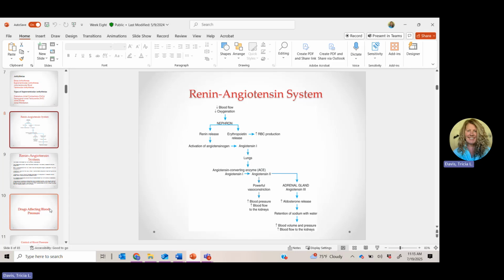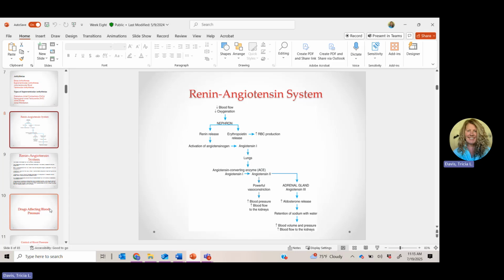Now, two things will happen with angiotensin 2. The first thing is that we are going to see vasoconstriction occur inside the body, because right now we don't have enough blood flow. Thinking about vasodilation, we have this big area in our vessels but only a little bit of blood.